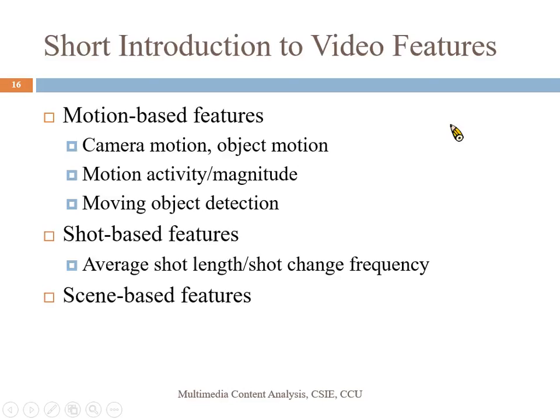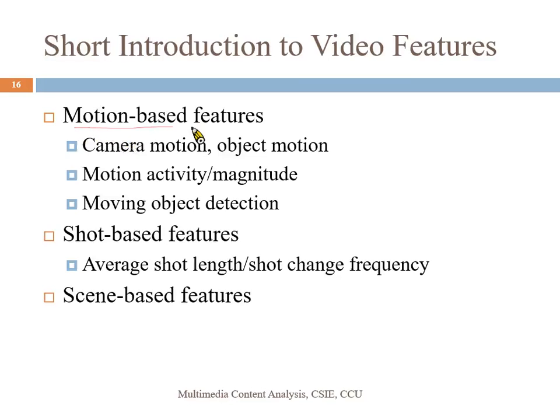Similarly, we can use many kinds of features to describe videos, and in the future we will deeply introduce these video features. Basically, video features can also be categorized into several groups.